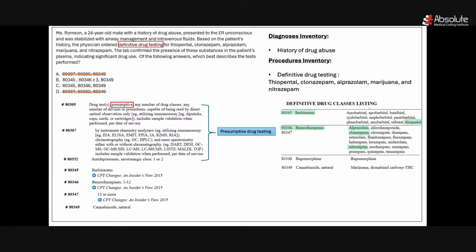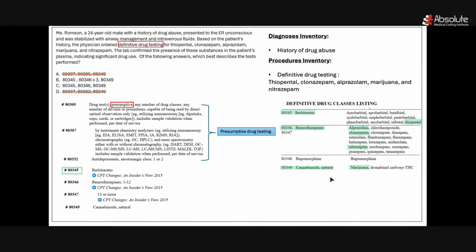All these drugs belong to the benzodiazepine drug class. The code for barbiturate would be 80345. The code for benzodiazepine would be 80346 or 80347, so we will look into it later. We also had marijuana, which belongs to the drug class 80349, cannabinoids natural.